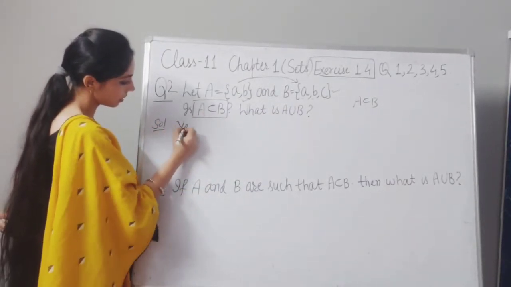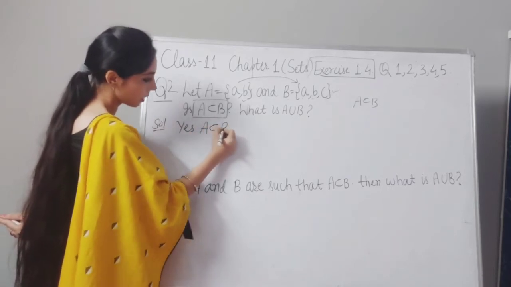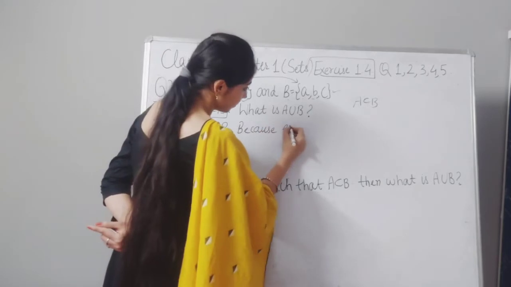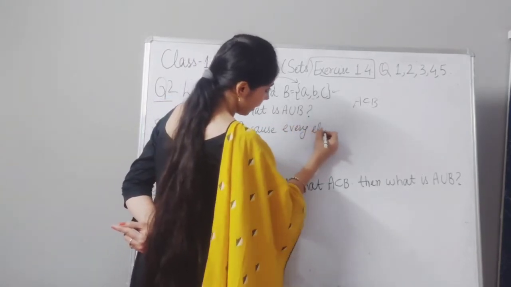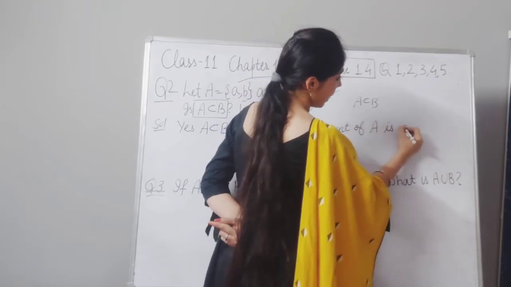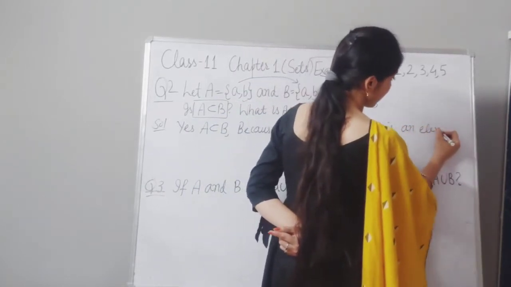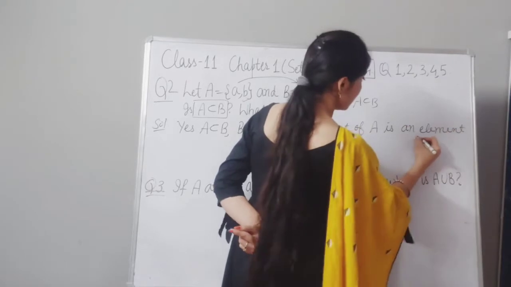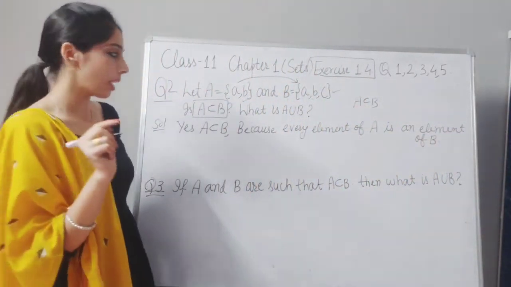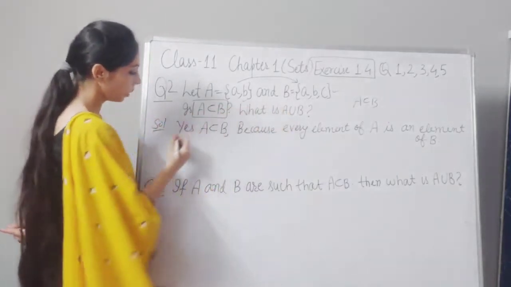Yes, A is contained in B because every element of A is an element of B. If we have this condition, then we say that the first set is contained in the second set. Okay. So what about the union?